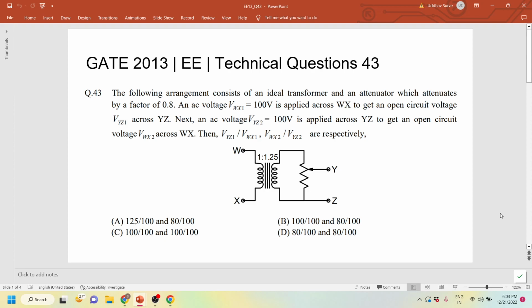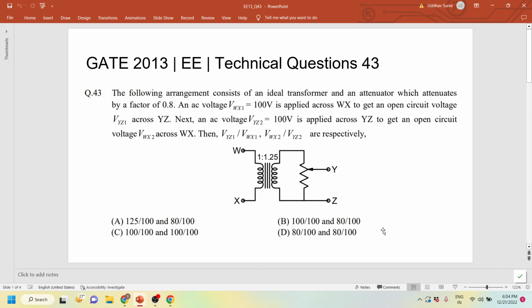An AC voltage VWX1 of 100 volts is applied across W and X to get an open circuit voltage VYZ1 across Y and Z. Next, an AC voltage source, say VYZ2 of 100 volts, is applied from the other side of the circuit to get an open circuit voltage VWX2 across WX. Then what is the ratio of the following voltages which we mentioned previously?